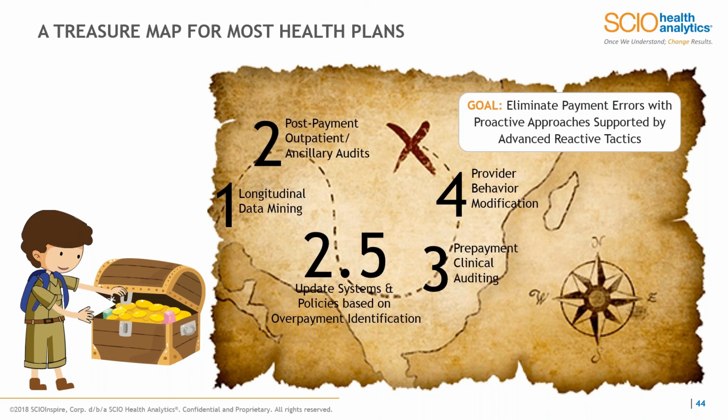So this should be an ongoing activity that a health plan would do, prioritizing their development budgets and looking for process improvements to eliminate those repeated errors. You don't want to continue to allow the errors to occur if they are preventable.